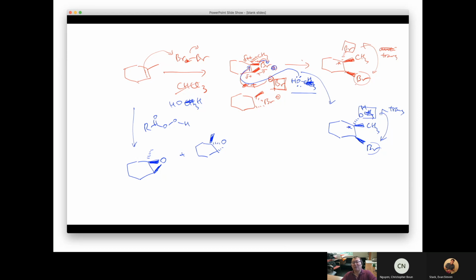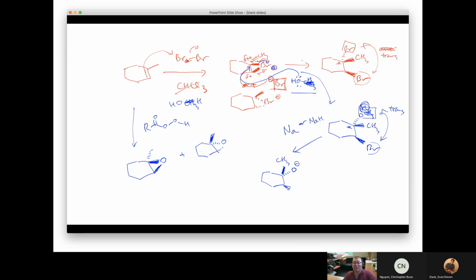But if you have this halohydrin reaction, what you could do is treat it with a base like sodium metal or sodium hydride. What the sodium hydride or sodium metal does is remove this hydrogen, and that basically makes an alkoxide right there, right? We get the methyl still hanging there.